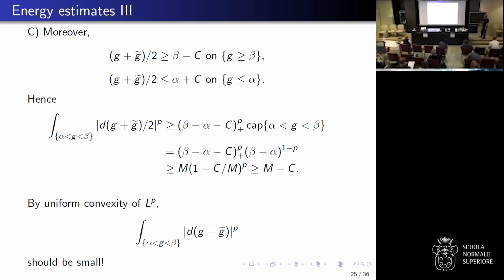And if you massage this a little bit with the normalization that you have, then you will see that this guy here has an energy that is greater than M minus a constant. So I'm exactly in this situation: you have two points that have almost minimal norm, and this Z has a fairly large norm. So what we expect is that the difference should have an energy that is fairly small. But what we now need is a quantitative bound for this.